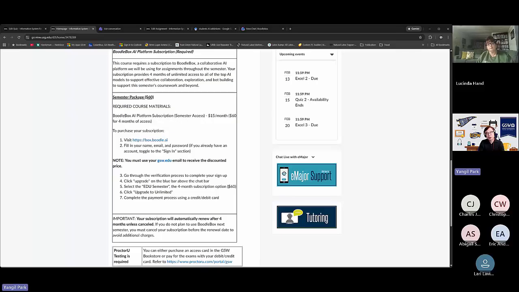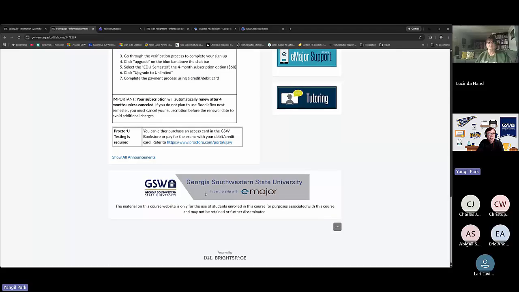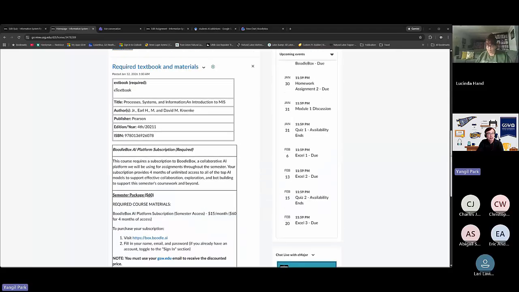Later on, you're going to do your project using BoodleBox, because BoodleBox allows you to create your own customized generative AI, just like ChatGPT or Copilot, those kinds of AI user interfaces. You can create your own. So that's the project we're going to work on, and that's why we need this package. That's the first item at the bottom of this announcement.